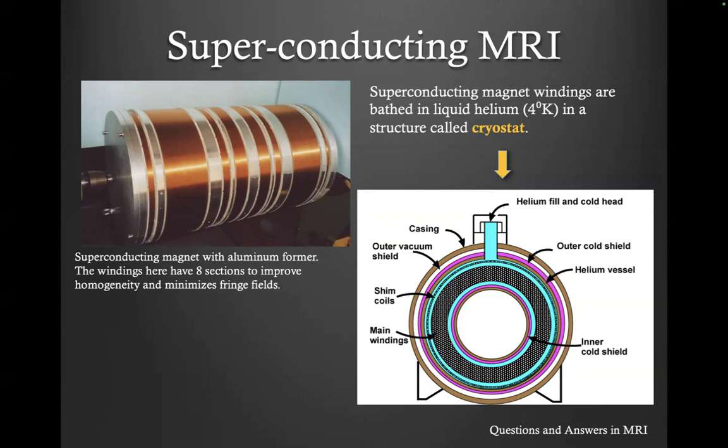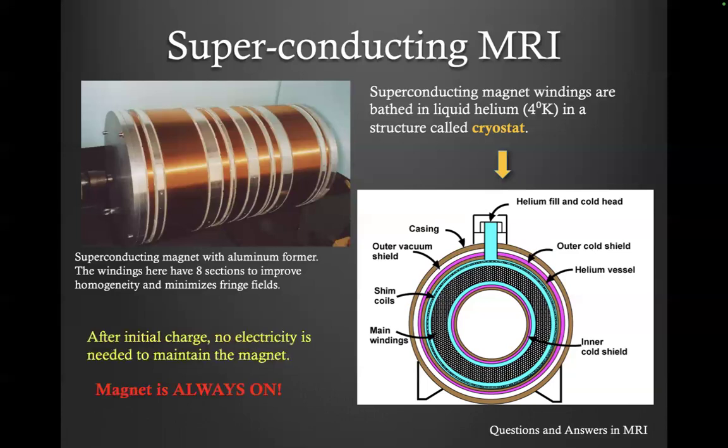And when it's superconducting, you have a very nice property: superconducting means there's no resistance. And when there's no resistance, you don't even need a plug to maintain your current. So your magnetic field doesn't need any electricity to maintain it. After initially being charged up during installation, no electricity is needed to maintain the magnetic field.